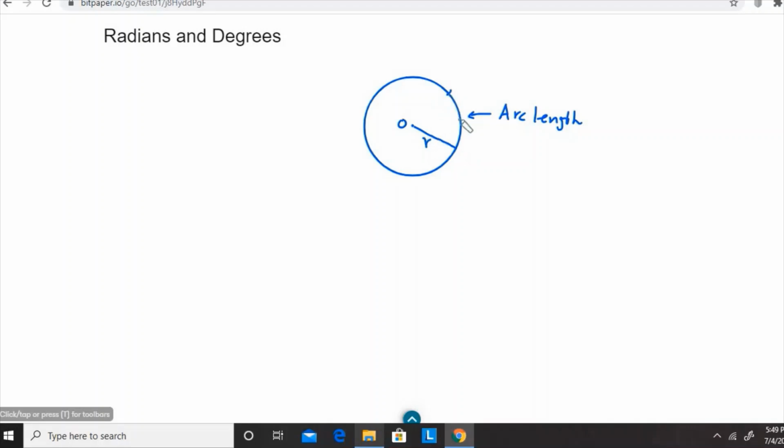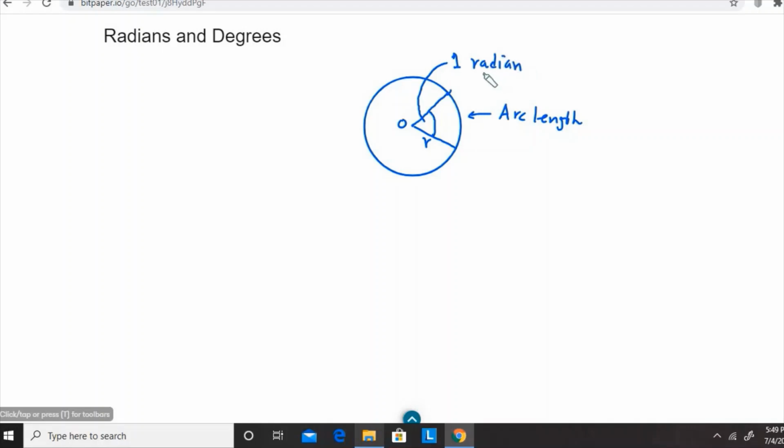And in that case, you can see this arc length will subtend an angle at the center of the circle. This angle is what we define as a radian. So the size of that angle is called 1 radian.